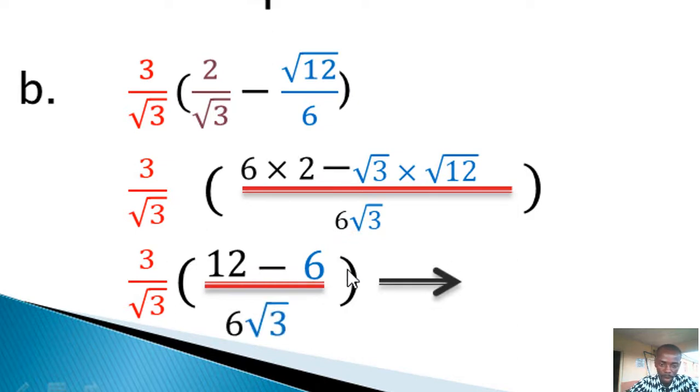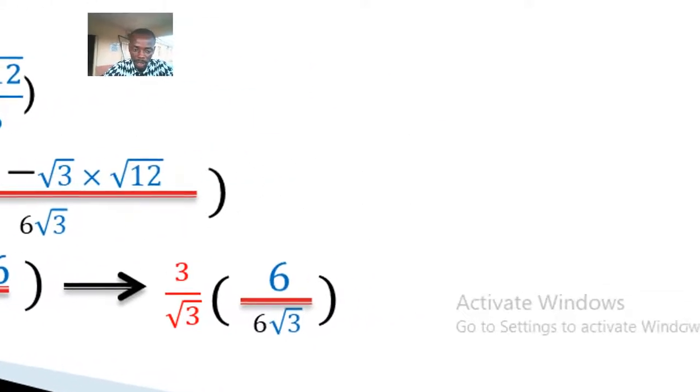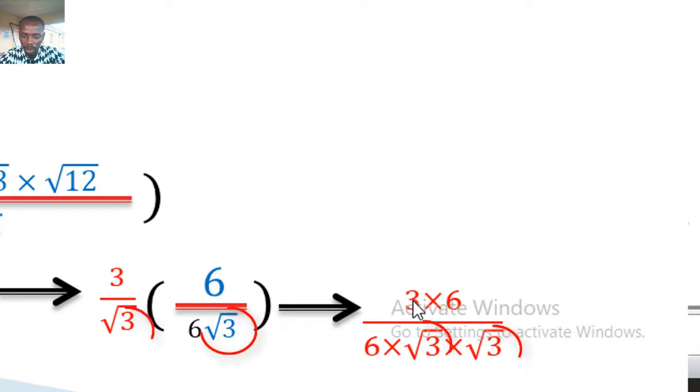Okay. Next, still having 3 root 3 from here. Then put my bracket. Here I'm having 6 over 6 root 3. Any simplification? So yeah, now I'm having 3 multiplied by 6 over 6 multiplied by root 3 multiplied by root 3. So let's see, can I simplify? Of course.